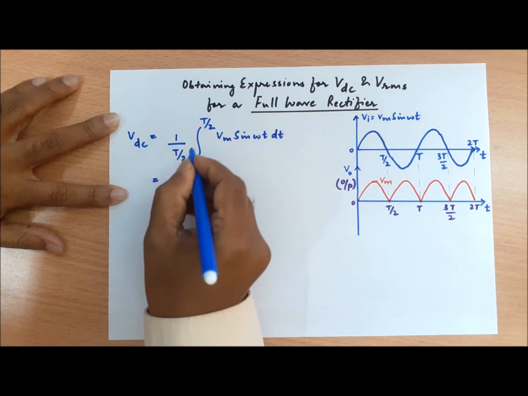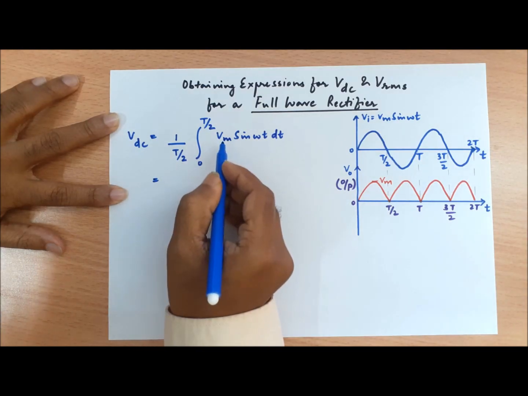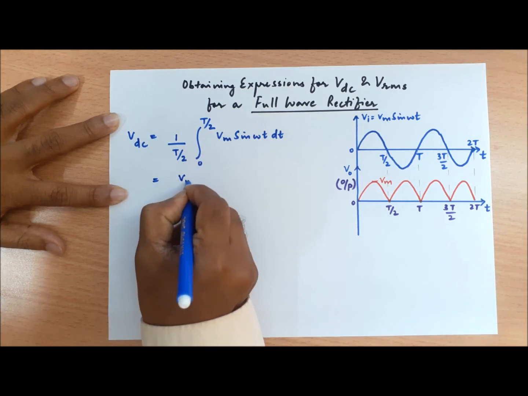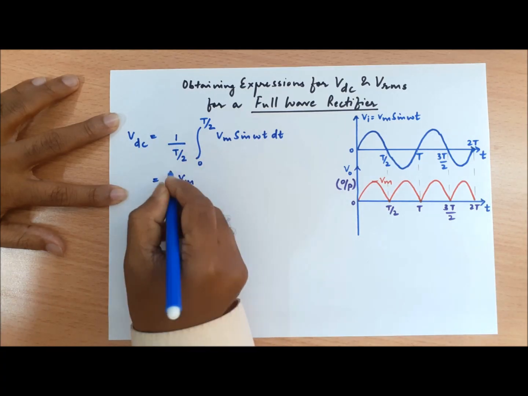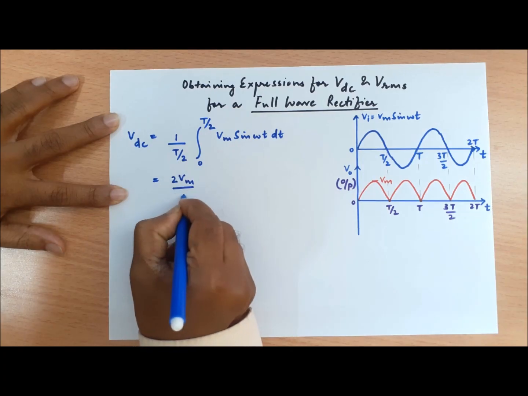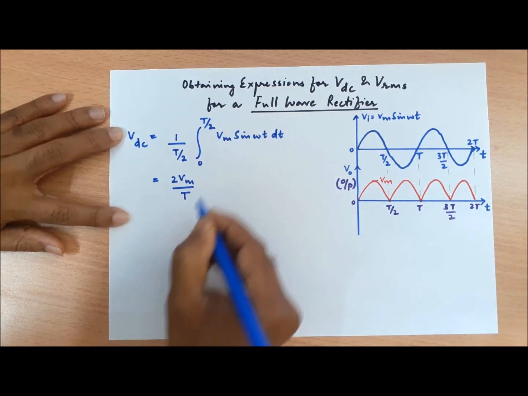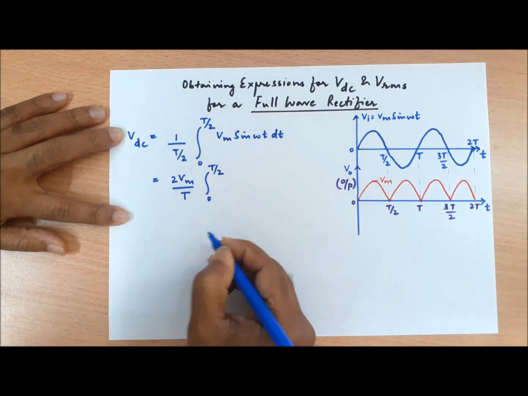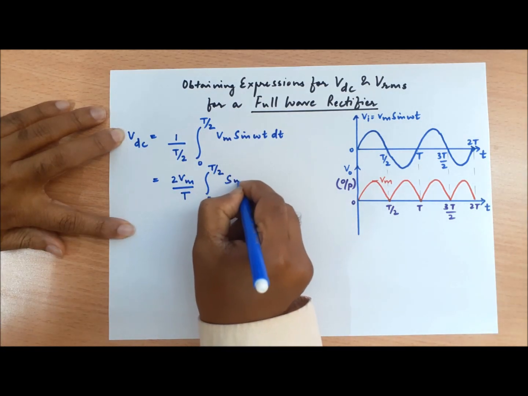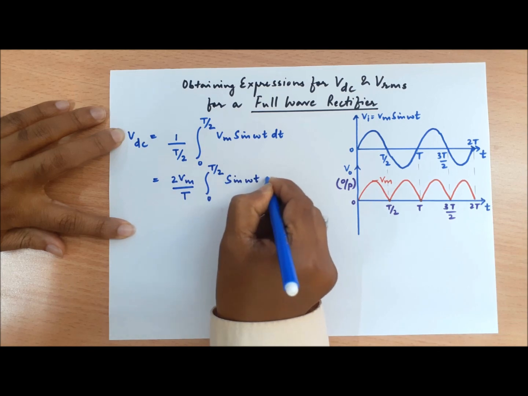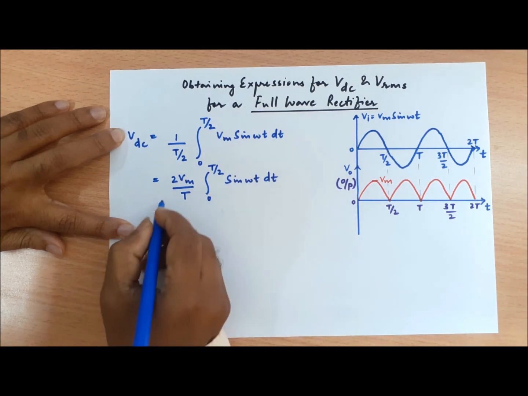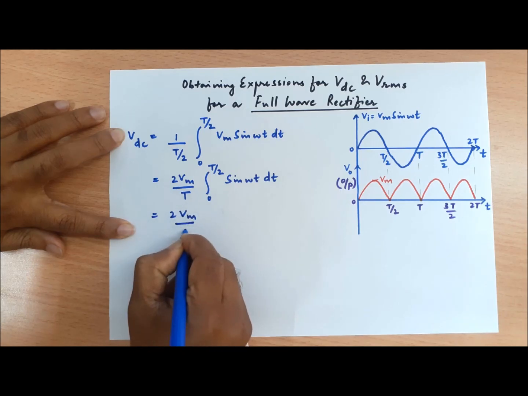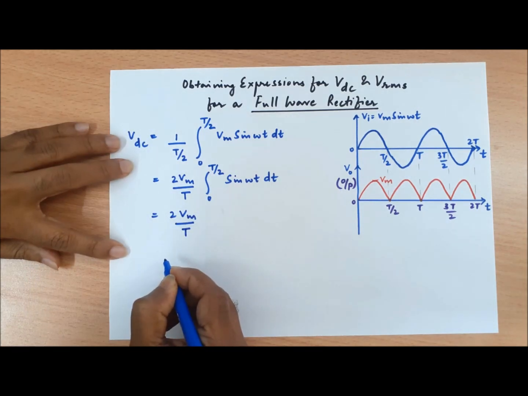Now if we solve it, because Vm is a constant, let me take it outside. If I take the 2 above, it becomes 2 Vm upon T, integration of 0 to T by 2, sine omega t dt. So 2 Vm upon T, let me keep it as it is.